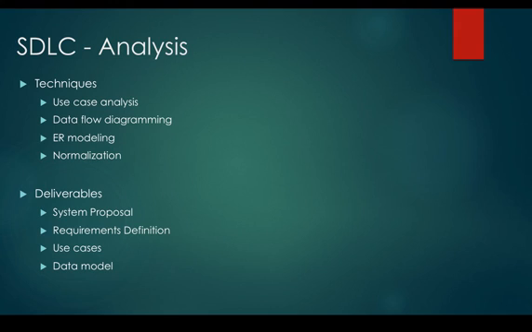So, again, normalization will have an impact on maintainability and how the code is actually structured. So what are some deliverables here? System proposal, requirements definition, use cases, data model. Okay, these data flow diagrams, these ER models, these things can become great documents to pass off to the development team so that when they start implementing, they have the blueprints to build from.